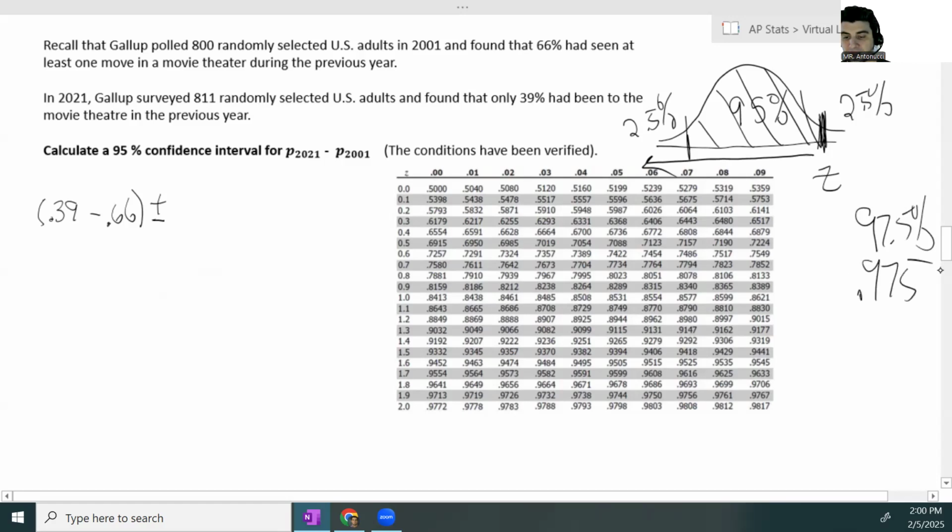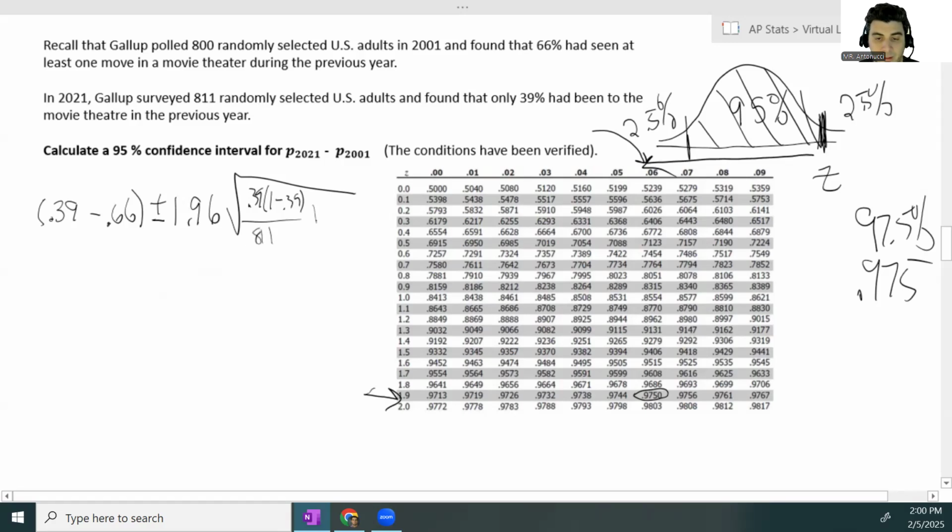So I find 0.975 on the table right here, and this corresponds to 1.96. So 1.96 times the square root of 0.39 times 1 minus 0.39 over 811 plus 0.66 times 1 minus 0.66 all over 800.